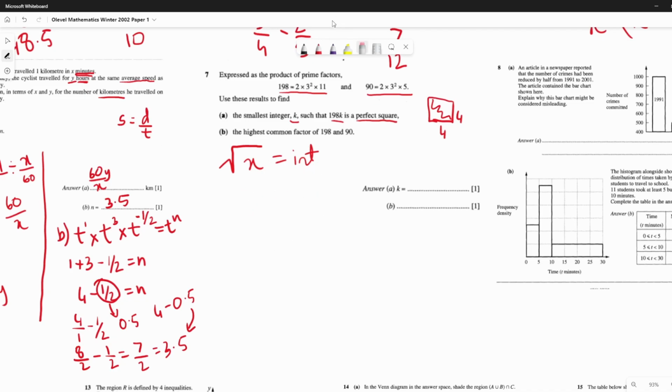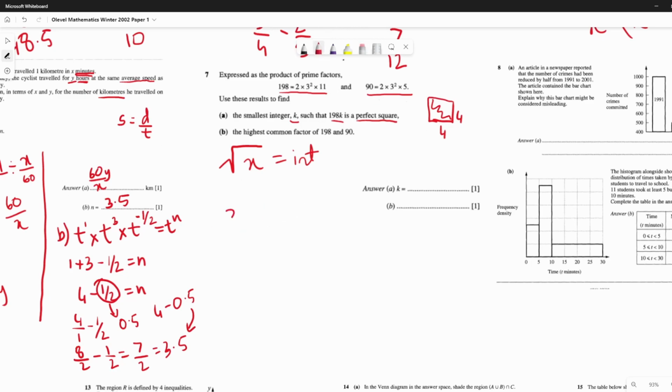So we need to multiply these by a number k, which would essentially make it so that our numbers become numbers that we can easily take the square root of, and we would simply cancel these out, and that would give us the answer, right? So that's what we want to do in theory. How could we do that?